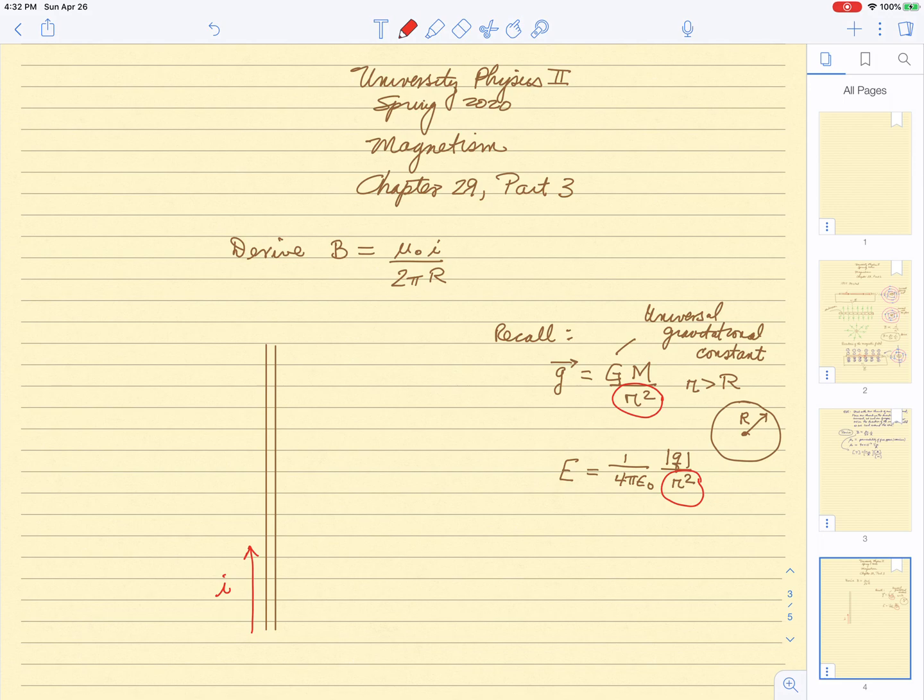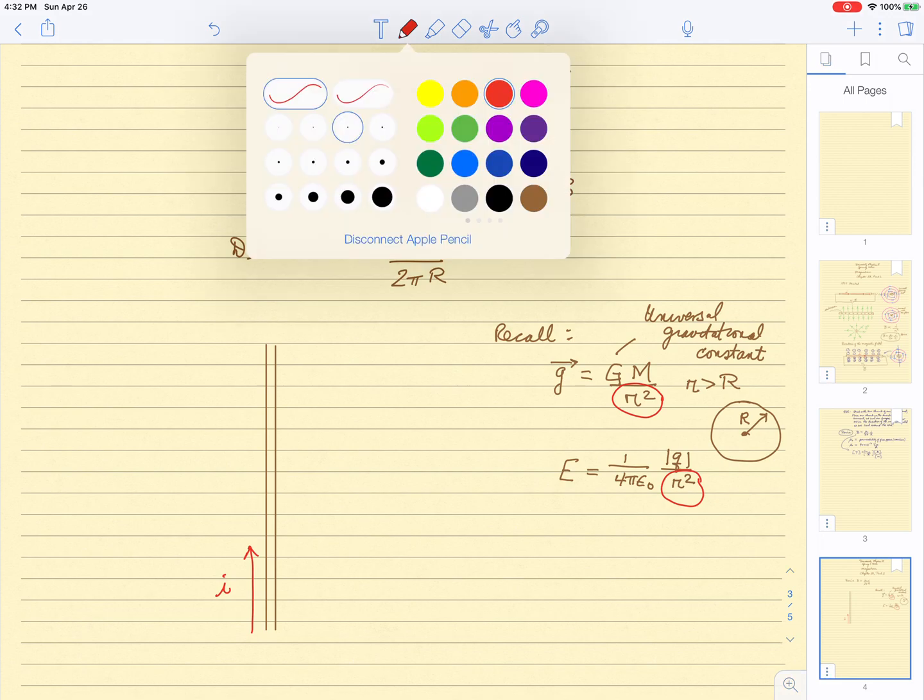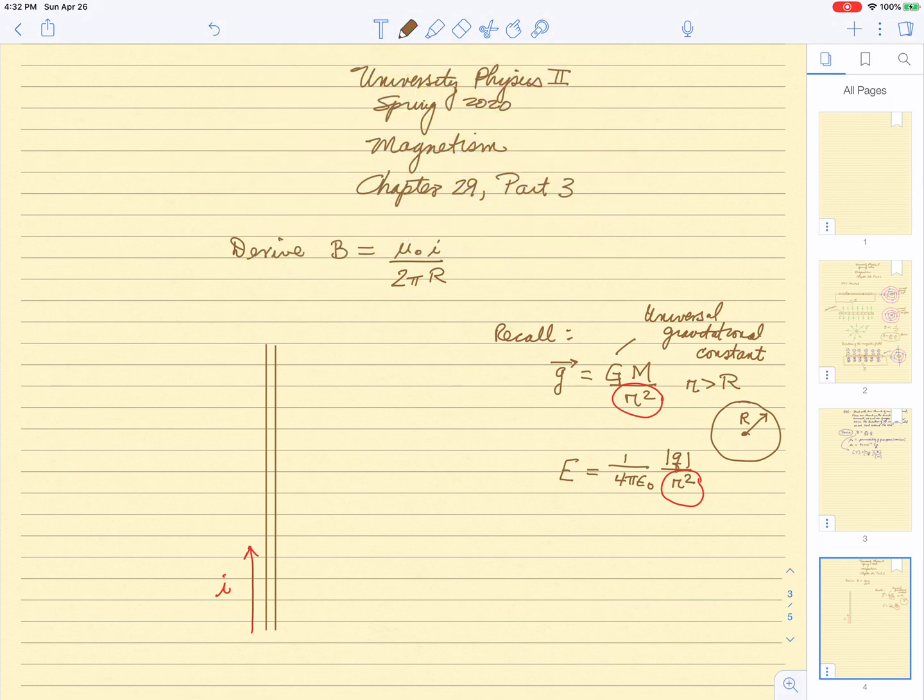And so again, through some experimentation, it was determined that the infinitesimal magnetic field strength was equal to mu naught over 4 pi I ds, and we'll get to what these are in a second, sine of theta over R squared.